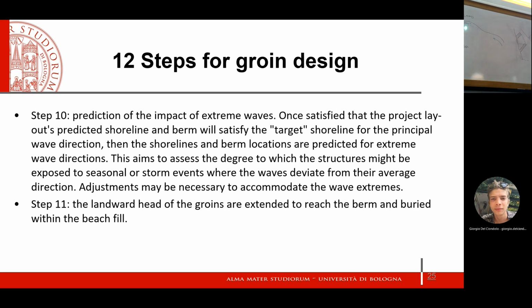It may happen if it's not extended enough landward, if it's not buried into the current berm, it can be bypassed landward, which means that they become like an island and the erosion is probably increased, even with respect to the current situation. And so usually it's buried within the beach fill.